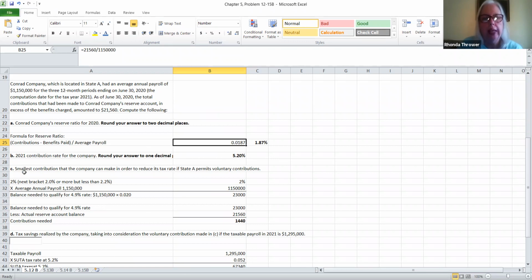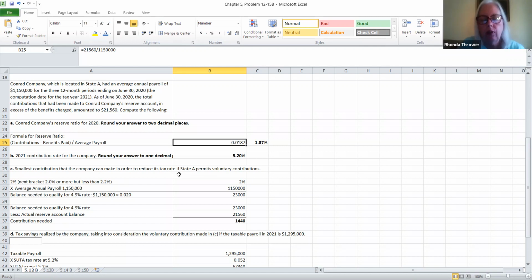In Part C, they want you to find the smallest contribution that the company can make in order to reduce its tax rate if State A permits voluntary contributions.